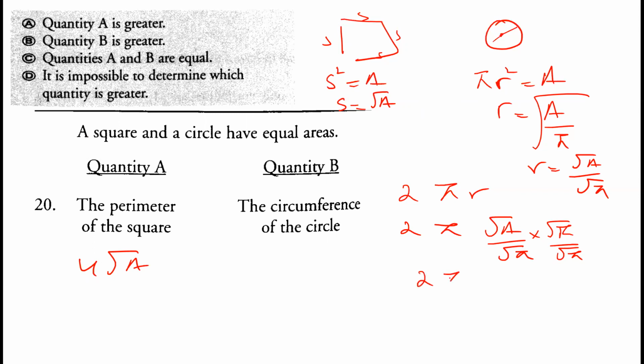So we can write 2 pi under root A whole over under root pi into under root pi, which is pi.